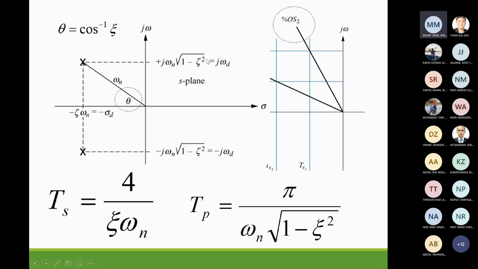So these are the actual formulas. Later on we will use these, and I hope that during the exam you can just refer back to this slide. Some other important performance parameters are settling time Ts equals 4 over damping ratio times omega n, and the peak time equals pi over omega n times square root of 1 minus damping ratio squared. All of these formulas we will use a lot in designing compensator.